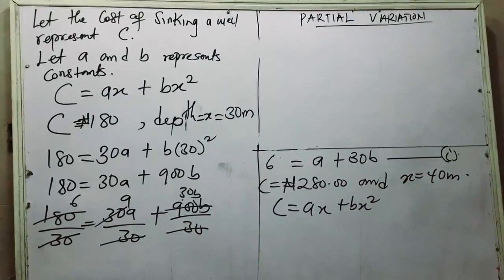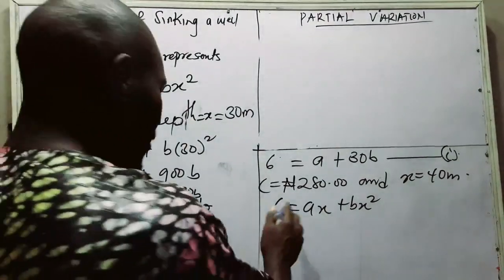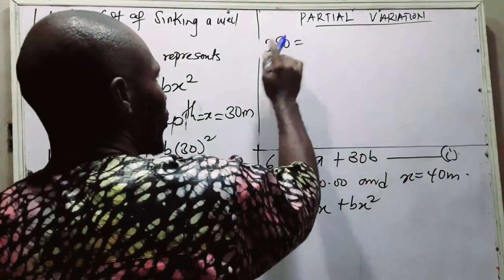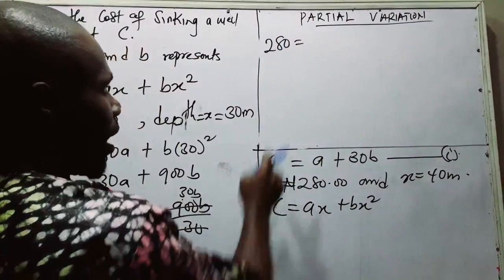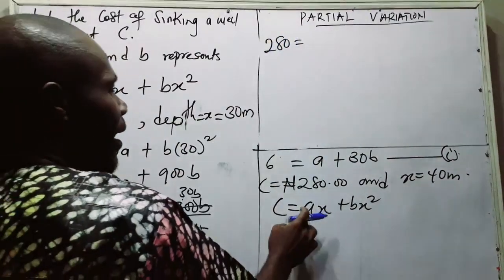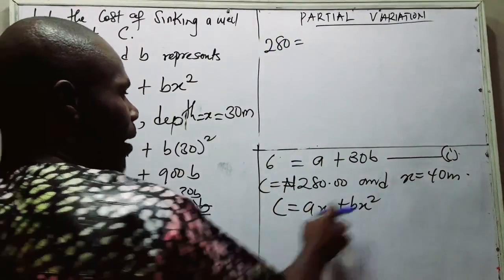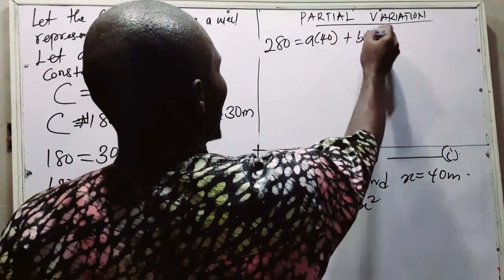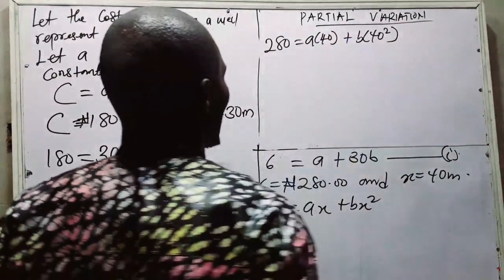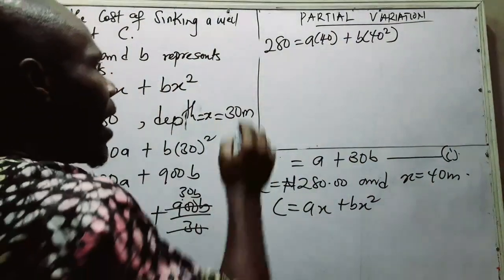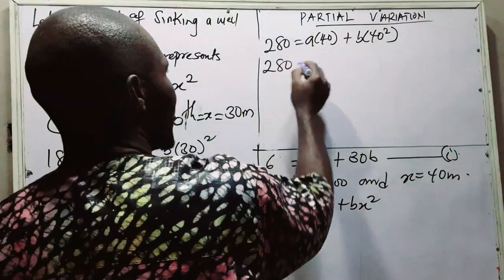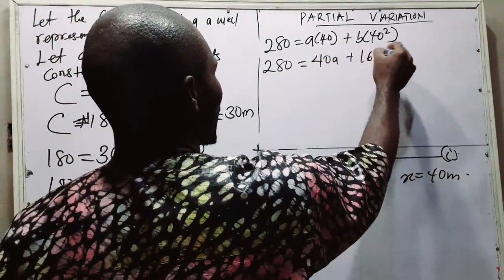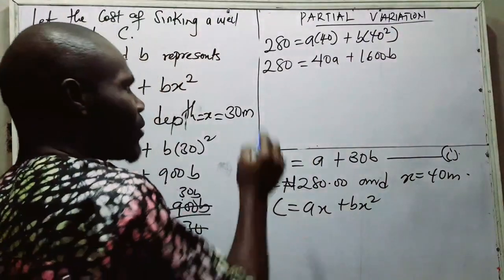So 280 is equal to a times 40 plus b times 40 squared. So we have 280 is equal to 40a plus 1600b. So let's reduce by 40.